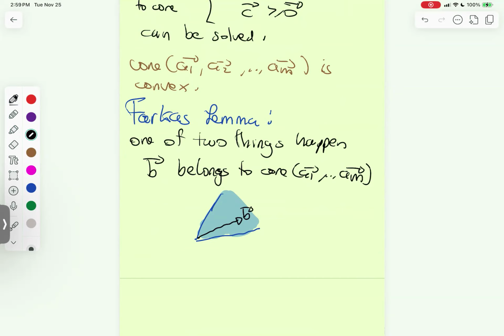Or what is the alternative? Either you belong to the cone or you don't. But what does it mean to not belong to the cone? It means you don't belong to the convex set. And because of the separation lemma, you can separate it by a line. So this is option one, or B does not belong to the cone.